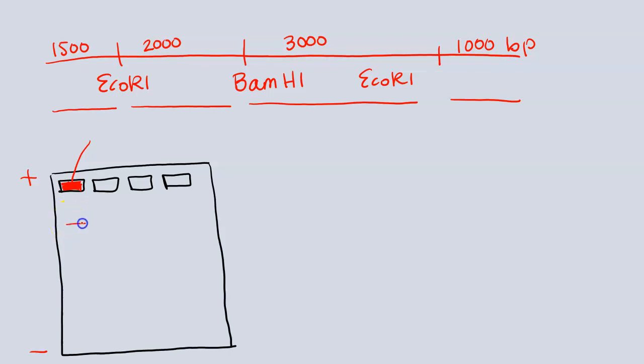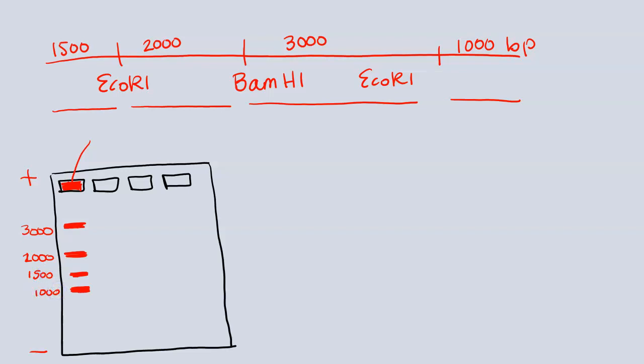So our largest piece, that 3000 base pair, is going to run to a certain spot. 2000 will run a little farther. 1000 and 1500. So you can see that these bands resolve or separate on this gel.